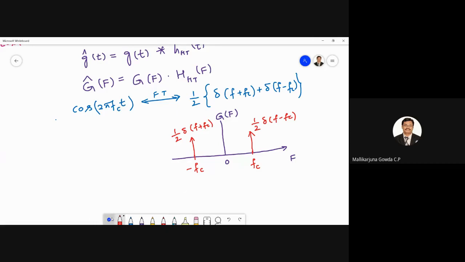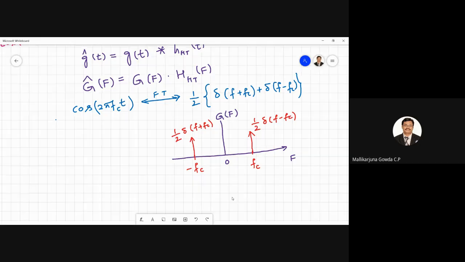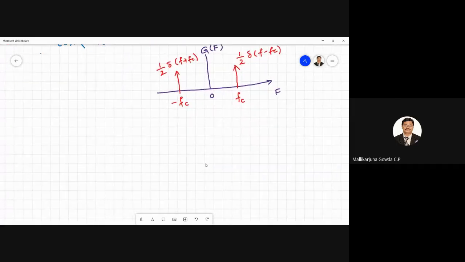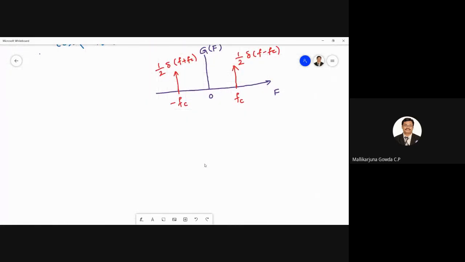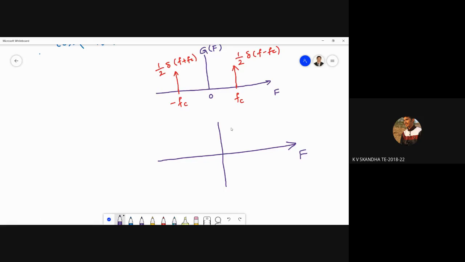Then, as I said already, we know the Fourier transform of the impulse response of the Hilbert transform. At least any one of you can say what it is. Minus j sgn of f.